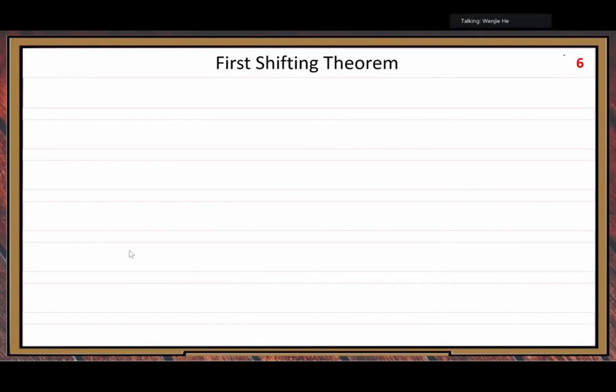A useful property when we calculate the Laplace transform: the first shifting theorem. We have two shifting theorems, first and second. Here, the first one. This is the definition of the Laplace transform. Now, replace s with s minus a. This is a shifting operation, right?